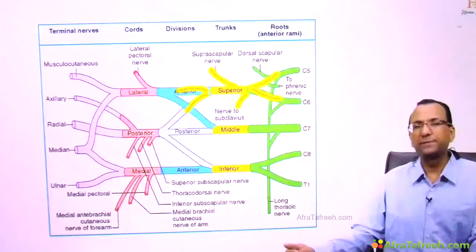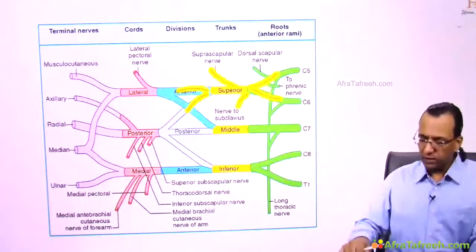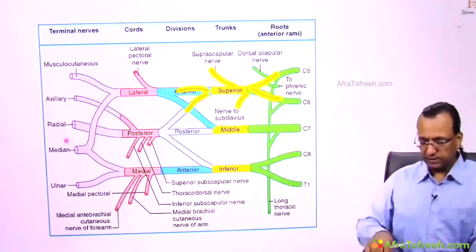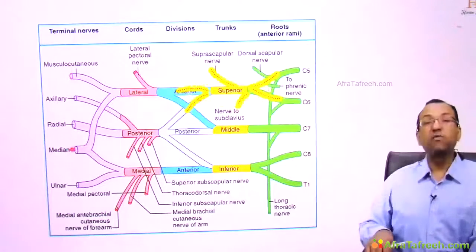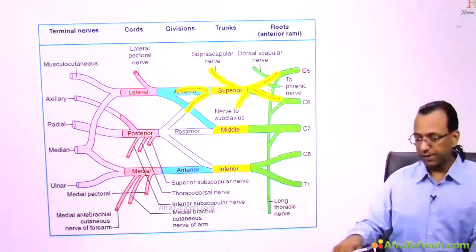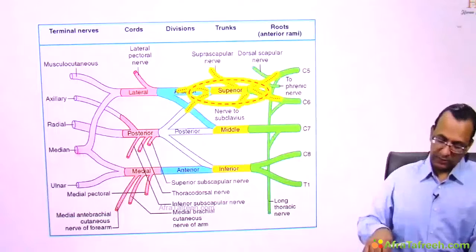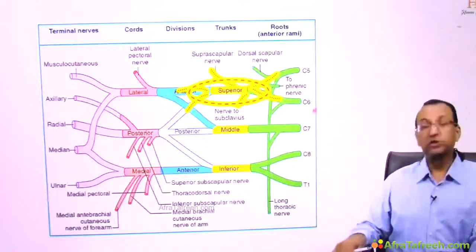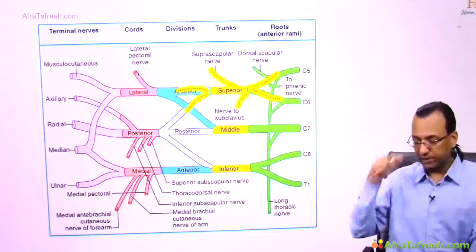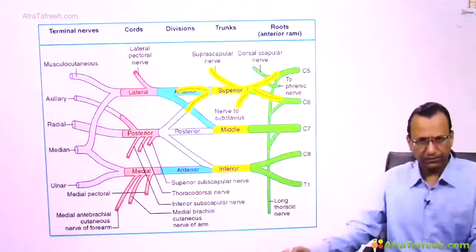Also remember one thing. Wherever the injury is, only the distal area is involved, not the proximal area. So if this is the injury level, then distal nerves will be involved, not the proximal nerves. Like which nerve are you talking about?